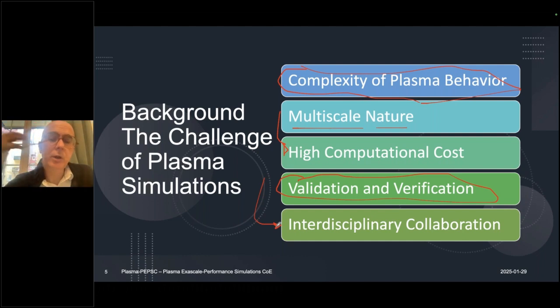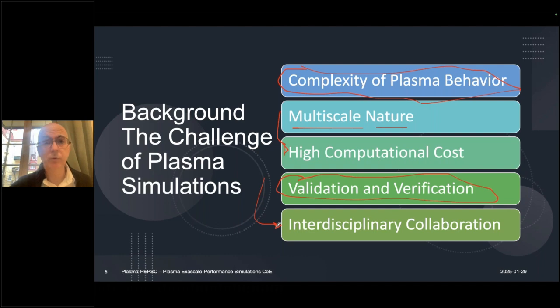It requires advanced knowledge of plasma physics, and also knowledge on how to verify and validate. So this is a huge team that requires very diverse backgrounds.